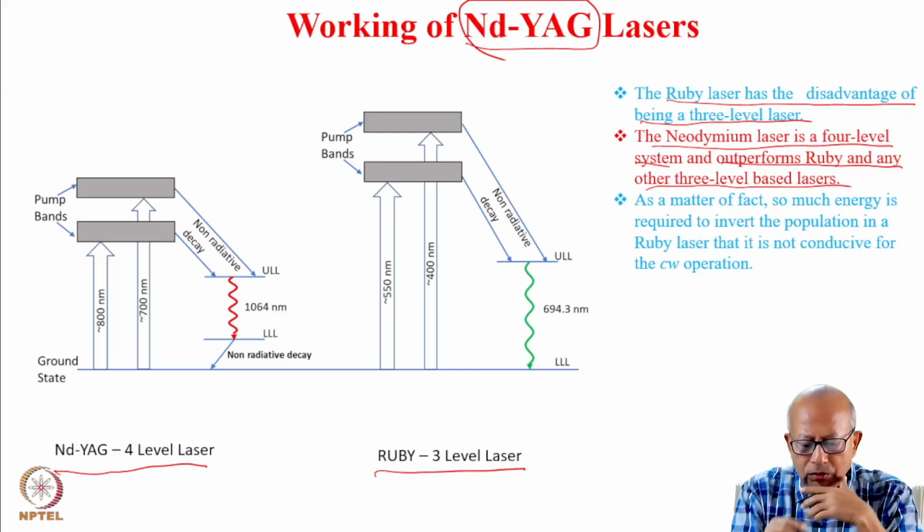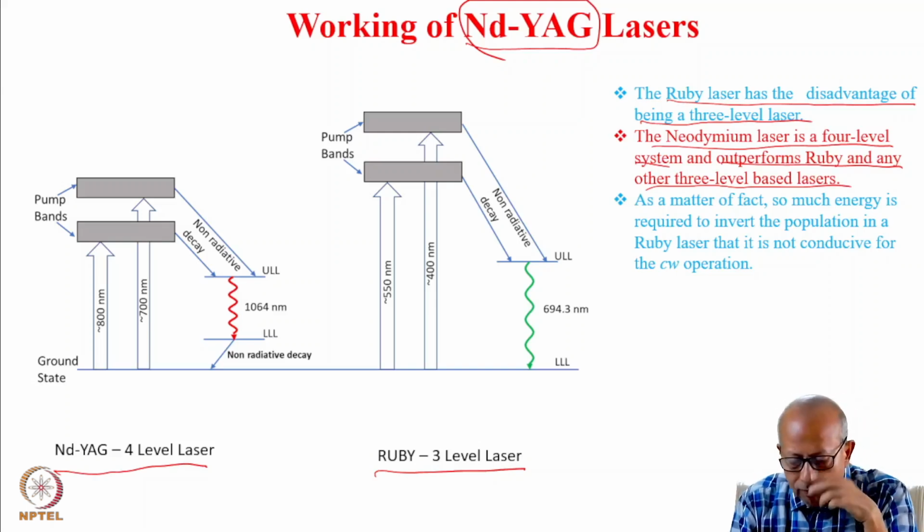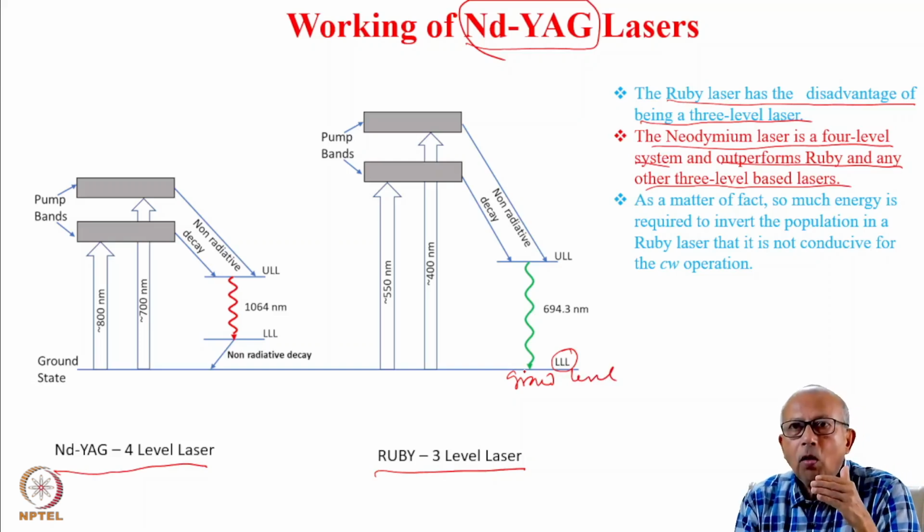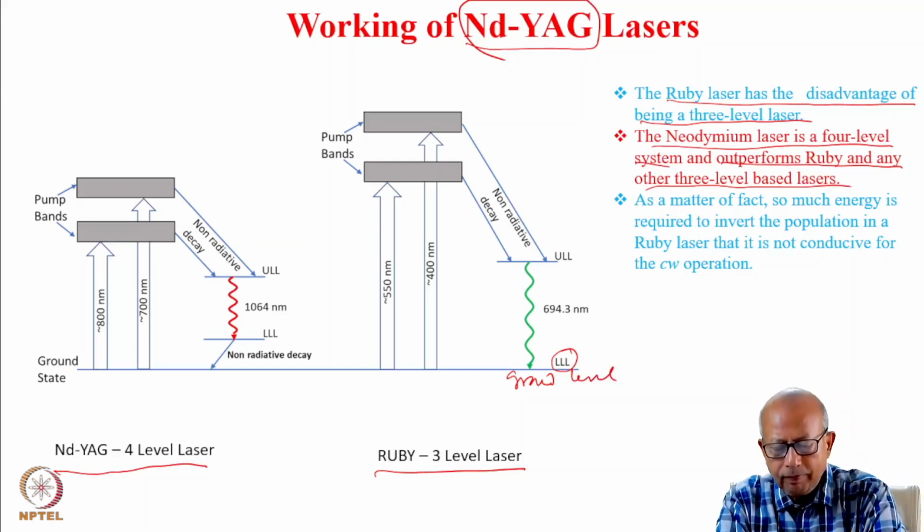Now, if you turn your attention to ruby, you will see here that the lower laser level is actually the ground level, where initially all the population resides. This is a three-level system.